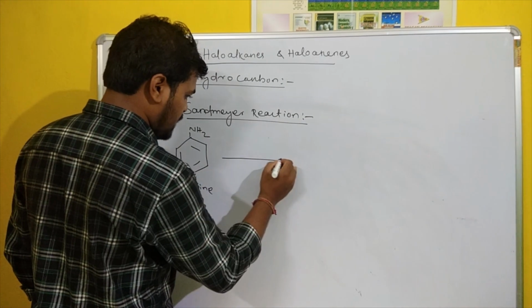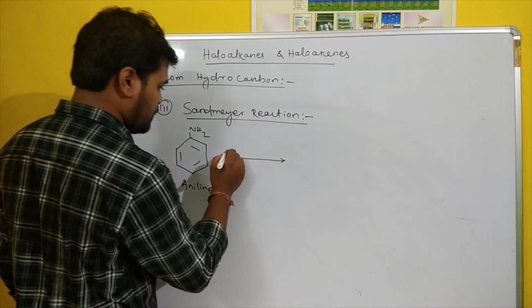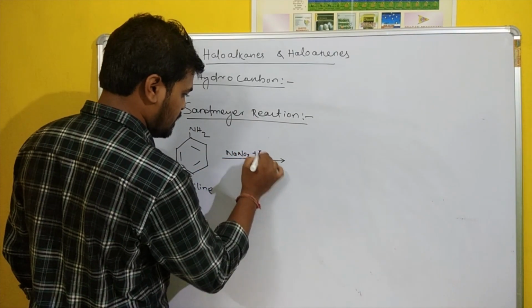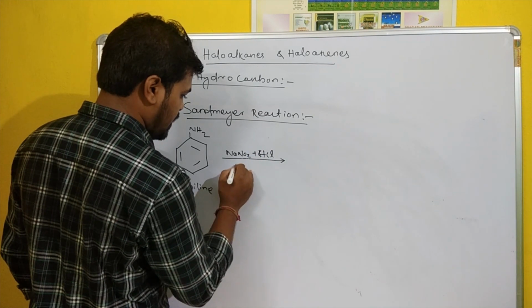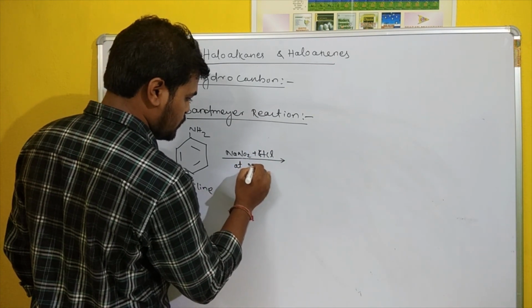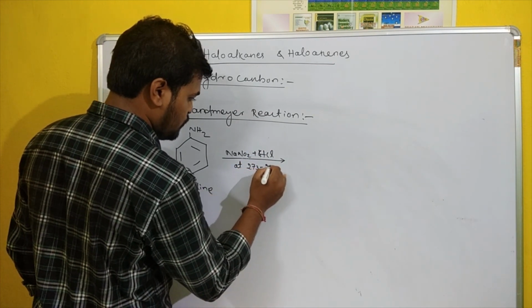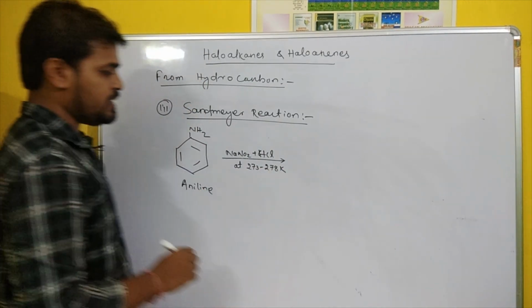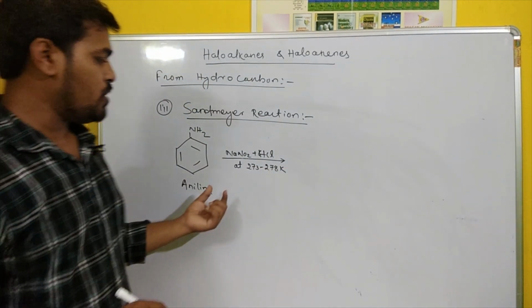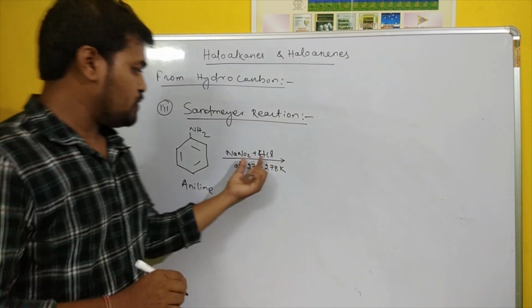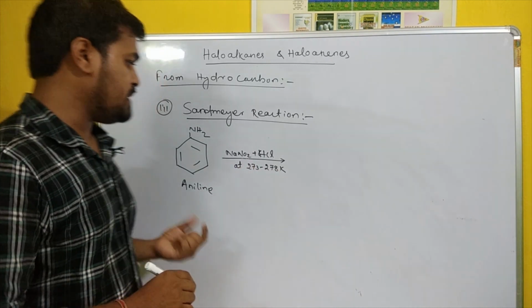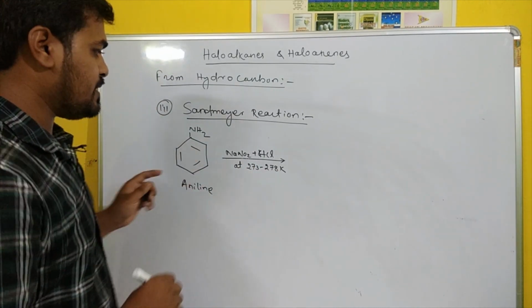When aniline reacts in the presence of NaNO2 plus HCl at 273 to 278 Kelvin, that is 0 to 5 degrees Celsius. This is sodium nitrite with HCl at 273 to 278 reacting with aniline.